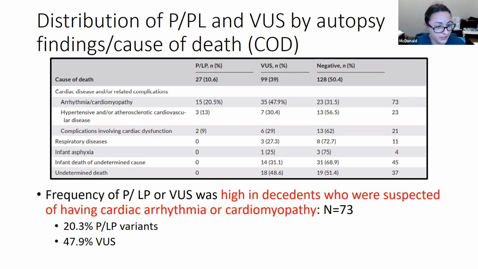So notably, the frequency of these variants was high in decedents who were suspected of having a cardiac arrhythmia or cardiomyopathy. So 20% of those cause of death cases did have pathogenic or likely pathogenic variants, while about 50% of those had variants of uncertain significance.